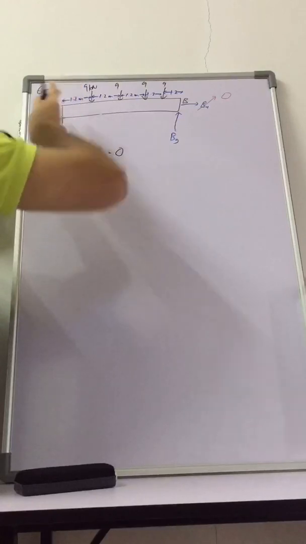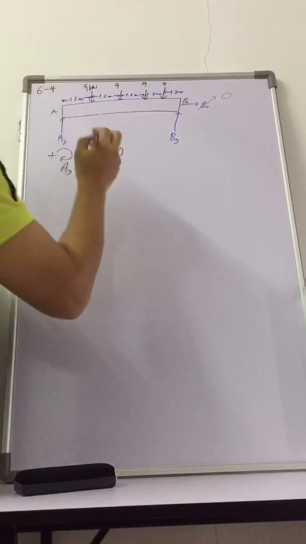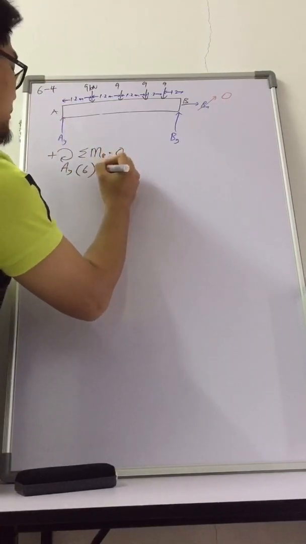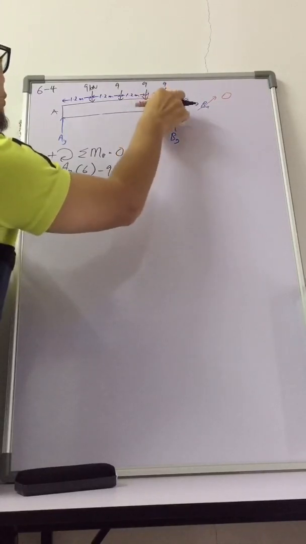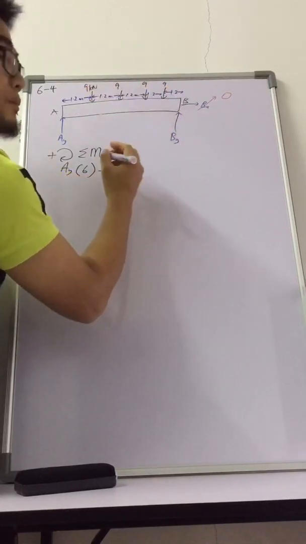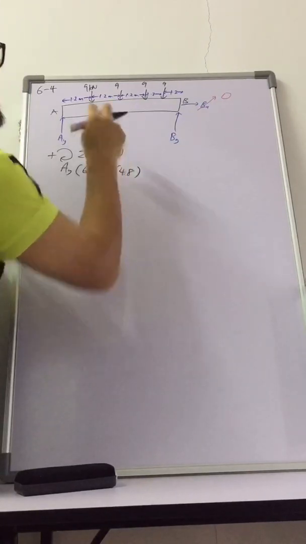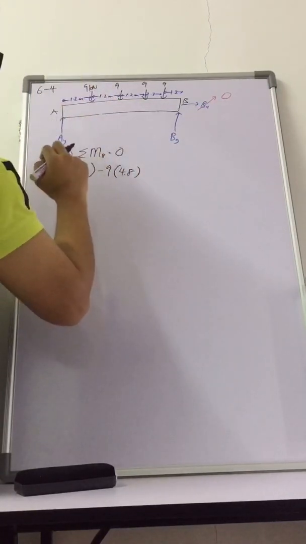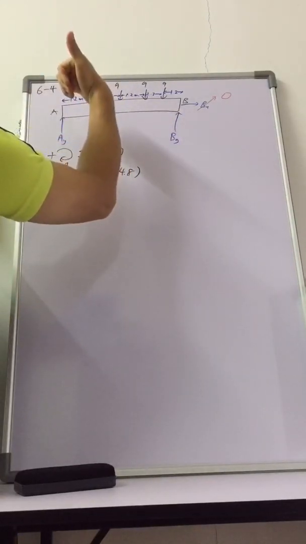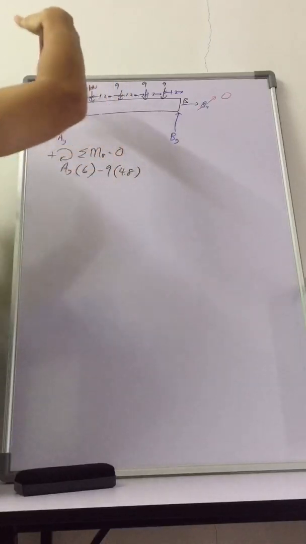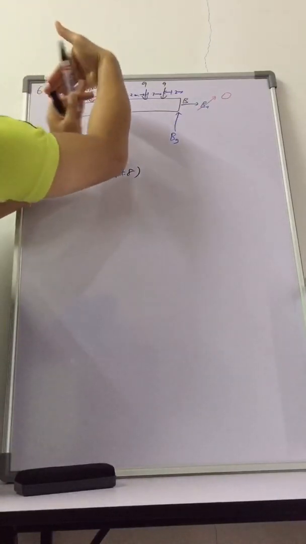Plus, because it causes clockwise rotation. Then what else? You have minus 9 times 4.8, for this 9 kilonewton load here. And why minus? Because it causes counterclockwise rotation. This is the load, 9 kilonewton, and this is the arm.